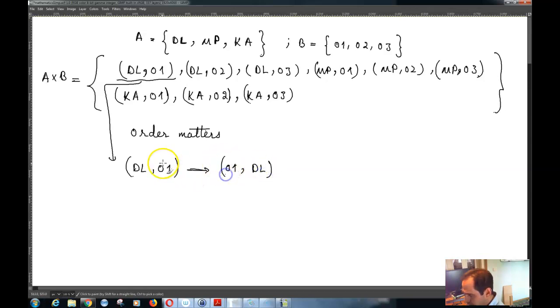So the order in which you choose the two different elements is going to be different, meaning that if you write DL01 it would be different from 01DL. Okay. Now you need to pay attention to all of the points that I point out here, because these ultimately give you a very good understanding of functions in mathematics.